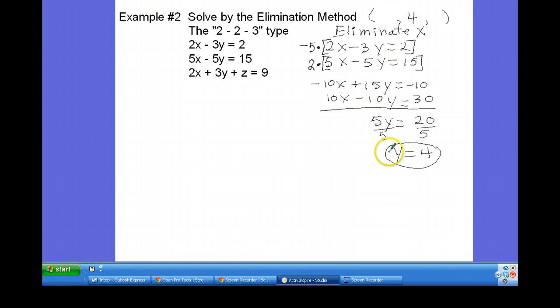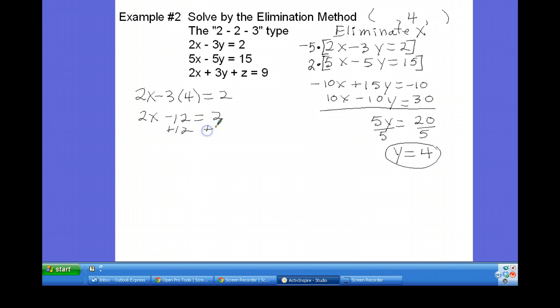All right, we take 4 to a two-variable equation in the original problem. Well, I have my choice. Doesn't matter which one I pick. I'll just pick the top one. So the top equation is 2x minus 3, and instead of writing y, I put in 4 for y equals 2. Solving that. 2x minus 12 equals 2.